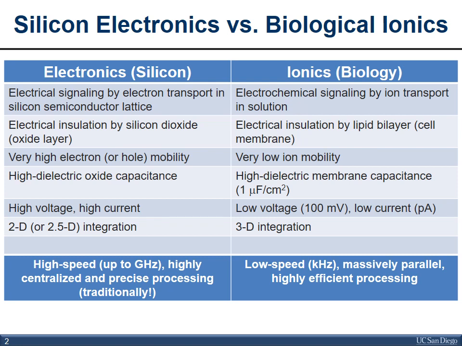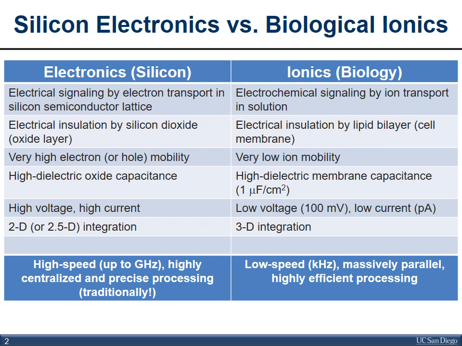So at a high level, the differences between electronics and ionics is that in electronics, we typically operate at high speed. Our processors are at gigahertz frequencies. We use very highly centralized von Neumann architectures for precise digital processing typically. Whereas in ionics, most of the brain, for example, operates at very low speeds. We're talking about kilohertz effective bandwidths of our signals.